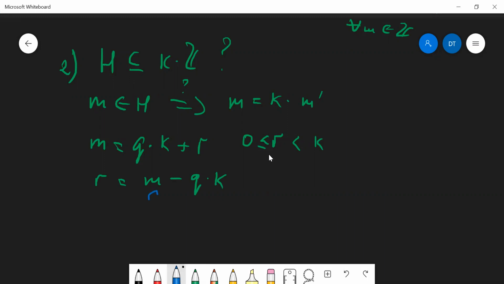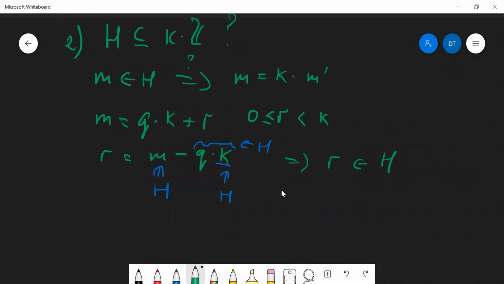Now, by our choice, M was an element of H. Also, K was an element of H. So then Q times K is also an element of H. And then M minus Q times K is an element of H, which means that R is an element of H. But this element is strictly smaller than K, and K was the smallest positive integer inside H. So there is only one option for R. R must be 0.